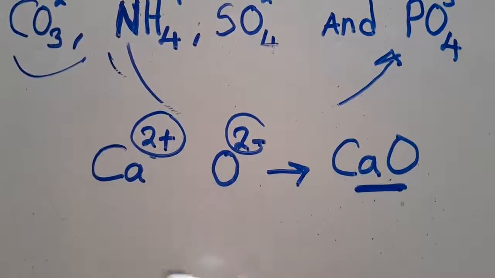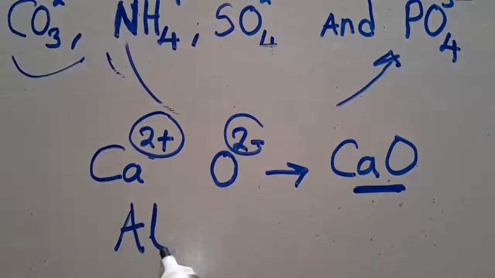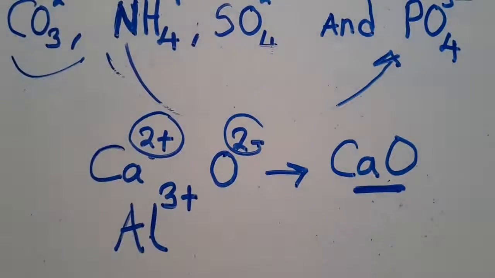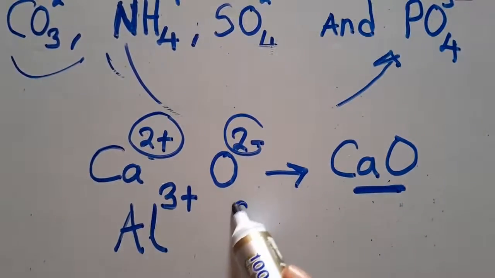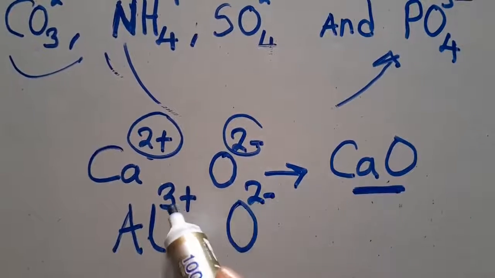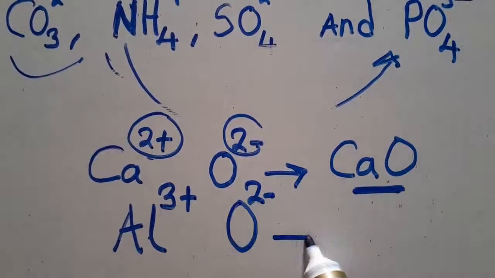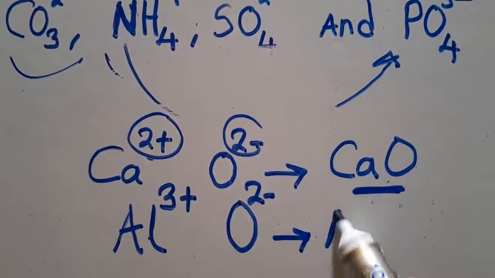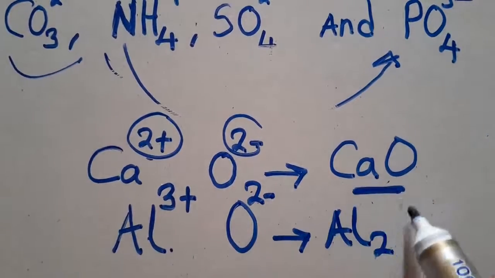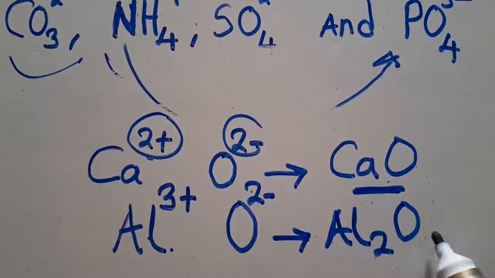In a case where you've got aluminium, aluminium is in group 3, and for aluminium to be stable, it must lose 3 electrons. When it reacts with oxygen, which is in group 6 like this, have you seen? So these are going to interchange. What you are going to have will be aluminium, this 2 goes there. So 2 there, oxygen, a 3 comes there like that.